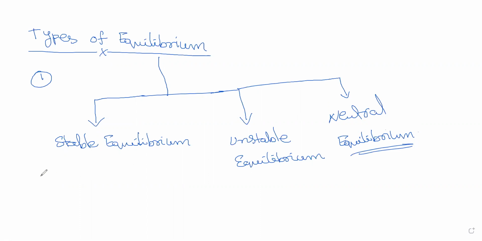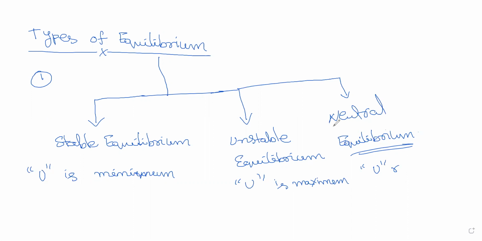For stable equilibrium, U is minimum. For unstable equilibrium, U is maximum. And for neutral equilibrium, U remains constant.